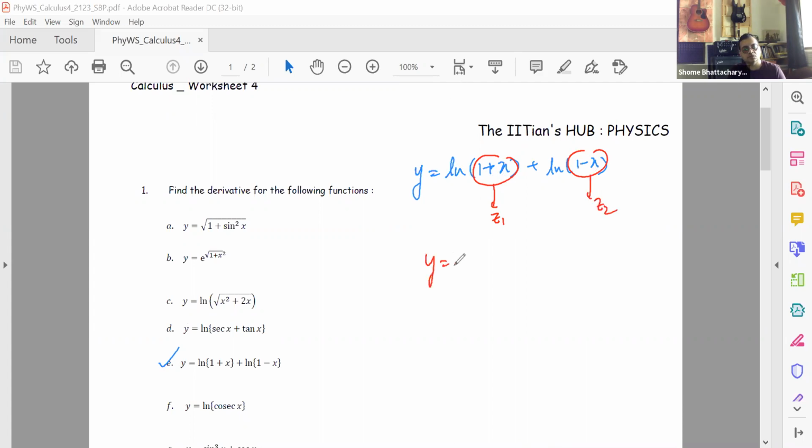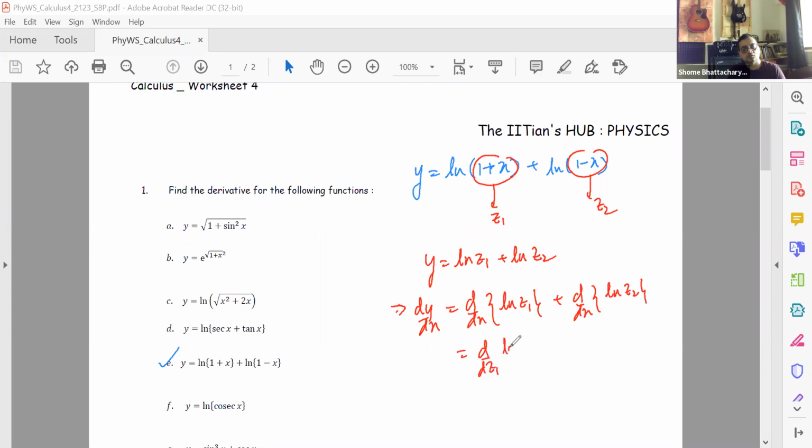So then y becomes ln z1 plus ln z2. So dy by dx becomes this.